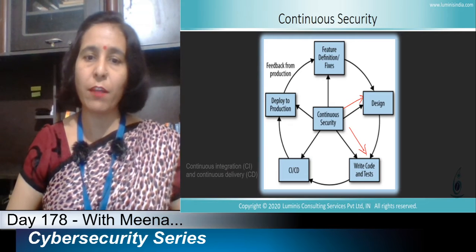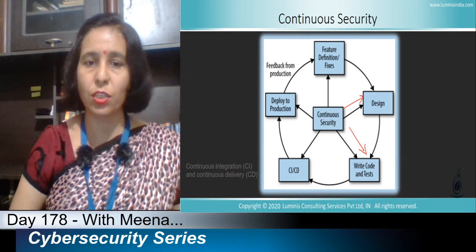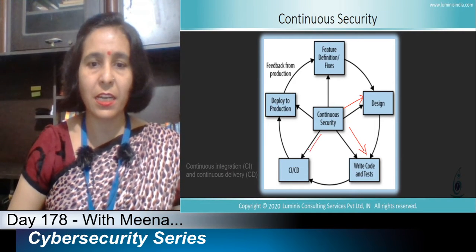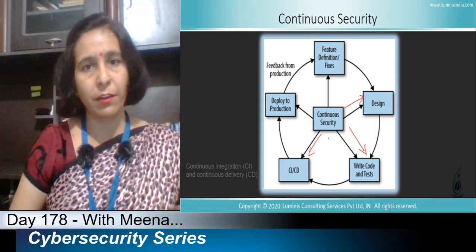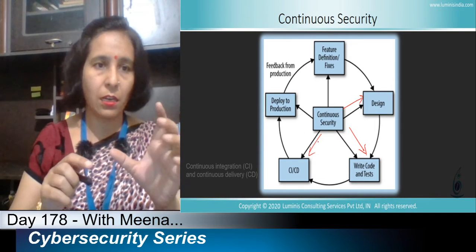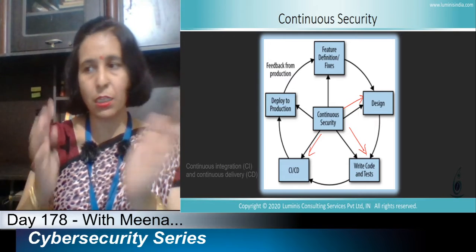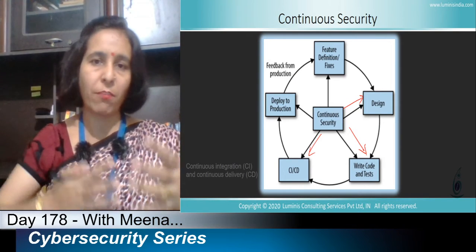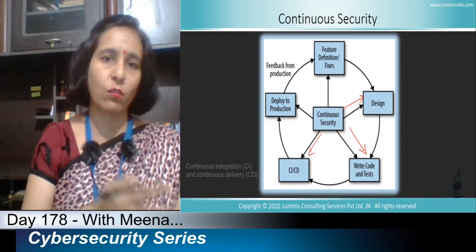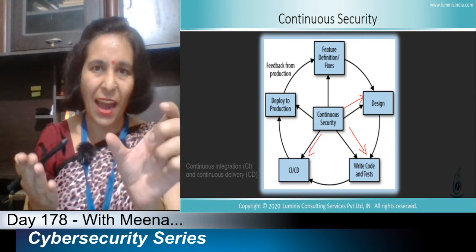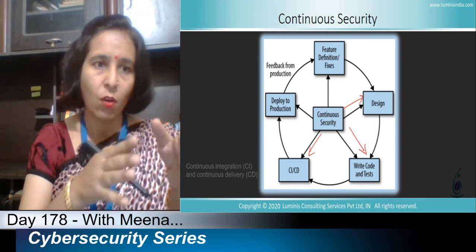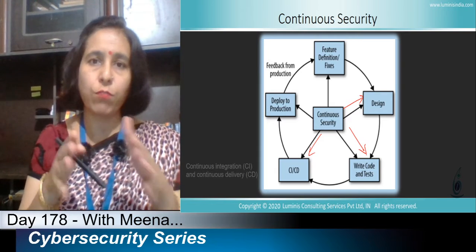Similarly, another stage is continuous integration and continuous delivery. When we are embedding multiple programs and functions, what will be the impact of that? Is there any part which has certain vulnerabilities? We need to find it out.